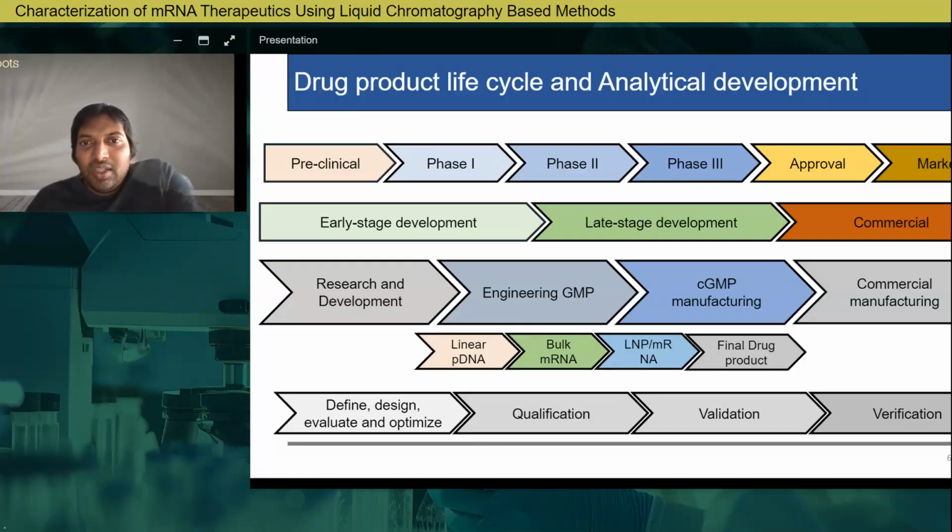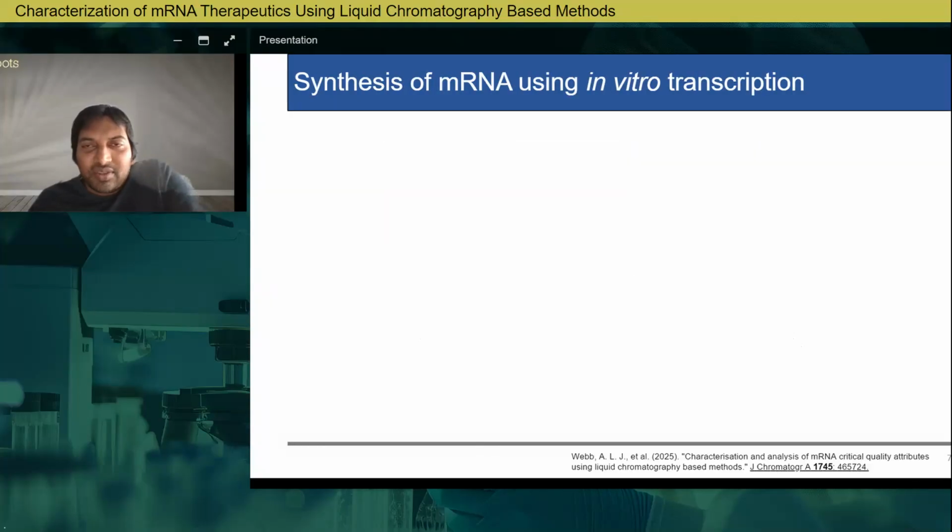So to establish the linear pDNA to bulk mRNA, we look at the manufacturing process, how it really happens, and what reagents are required to create this whole mRNA molecule that is going to be utilized to fit into a lipid nanoparticle.